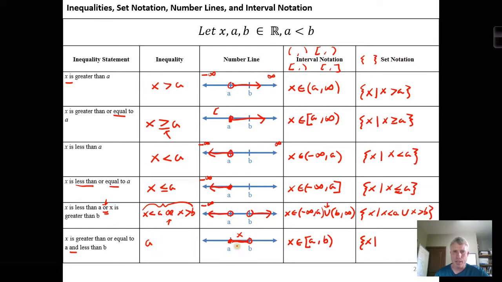A is below or equal to x, and x is below or less than but not equal to b, and we can compact it into a single sentence. And like I said, 19 times out of 20, with an AND statement, we're going to be able to compact it into a single sentence like this. So a is less than or equal to x is less than b, and that's the inequality in set notation.